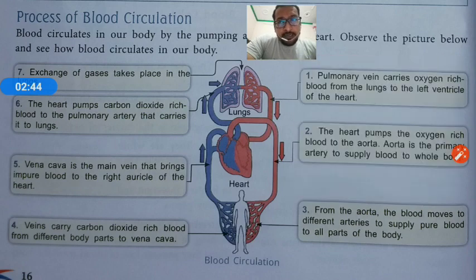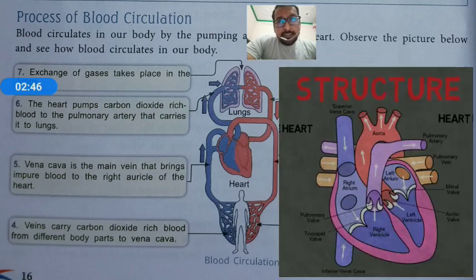So see point number 4, veins carry carbon dioxide-rich blood from different body parts to the vena cava. See point number 5. Vena cava is the main vein that brings impure blood to the right auricle of the heart.